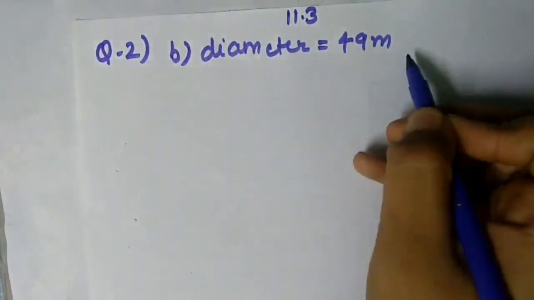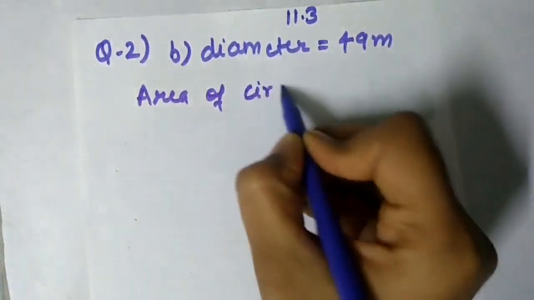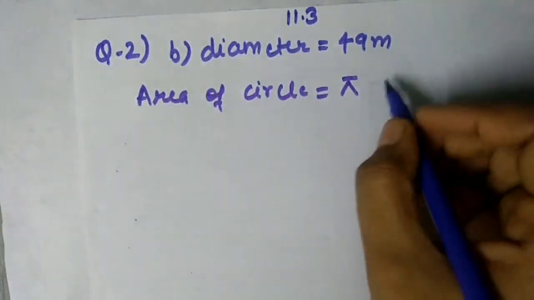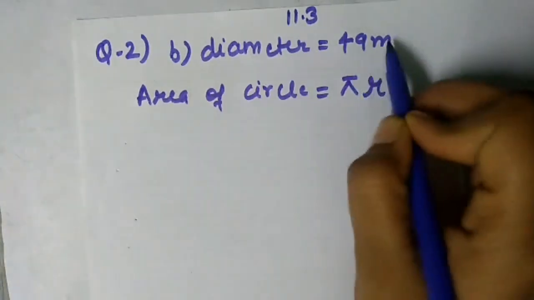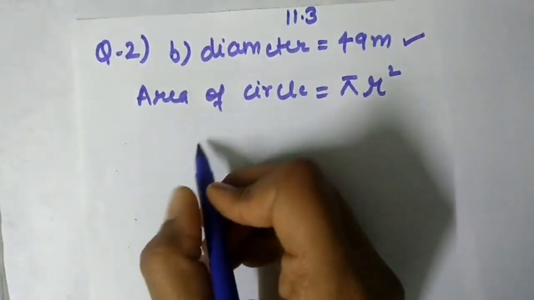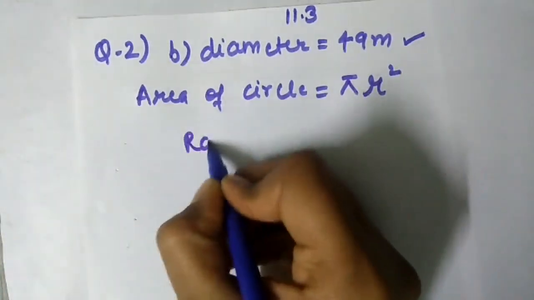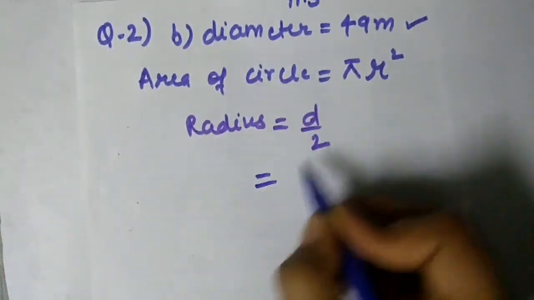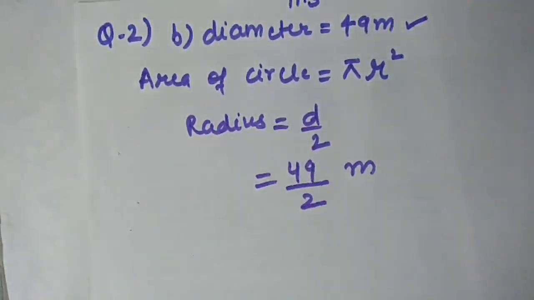The diameter is given, and we know that the area of a circle is pi r square, which means pi into r into r. We don't have the radius, we have been given the diameter. So from the diameter, how will you calculate the radius? We know that the diameter is double the radius, so the radius is half of the diameter. So the diameter is 49, and the radius is 49 by 2.